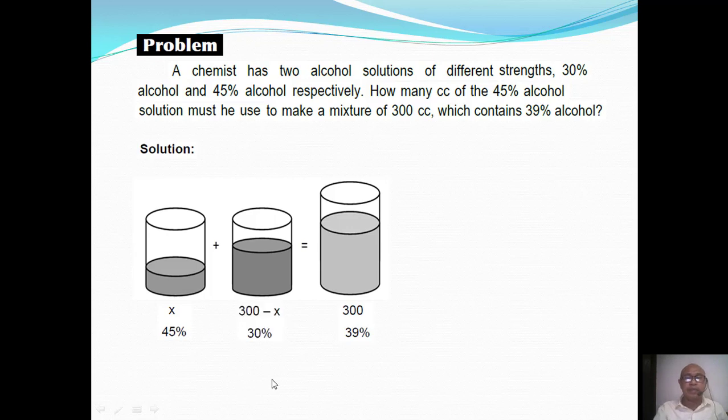Take note that we need 300 cubic centimeters. So if this is X, then the remaining should be 300 minus X. Then by using the amount of alcohol and the principle, we have the amount of alcohol here, which is 0.45 of X, plus the amount of alcohol here, which is 0.3 of 300 minus X, is equal to the amount of alcohol here, which is 0.39 of 300.